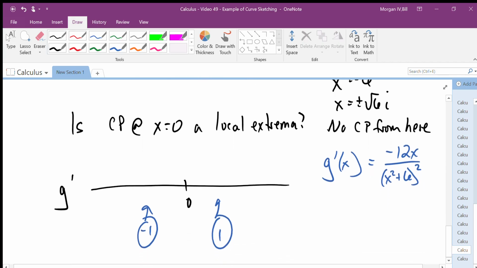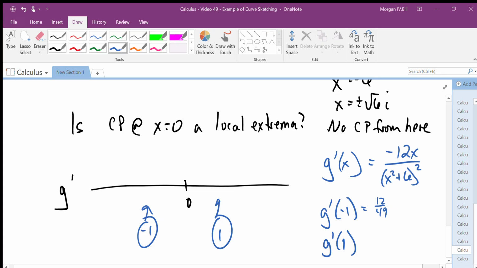We're going to take our test points and see what g prime of negative 1 is, and what g prime of 1 is. Again, what we're doing here is asking what the slope is at those test points. Is the slope positive or negative? That's going to tell us increasing versus decreasing, or perhaps constant. If we plug in negative 1, we get negative 12 times negative 1, that's 12, over negative 1 squared is 1, plus 6 is 7, squared, 49.